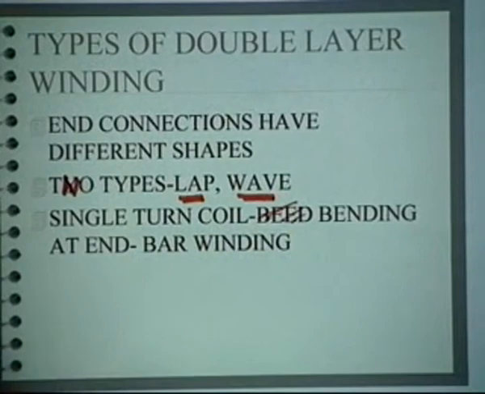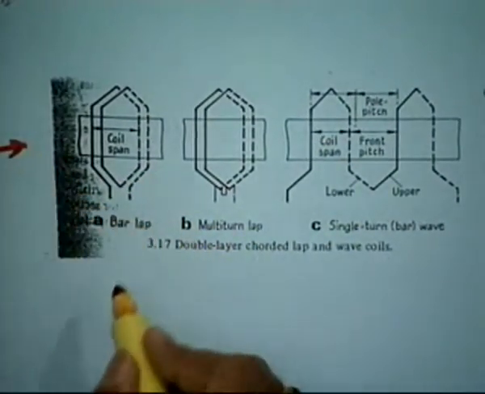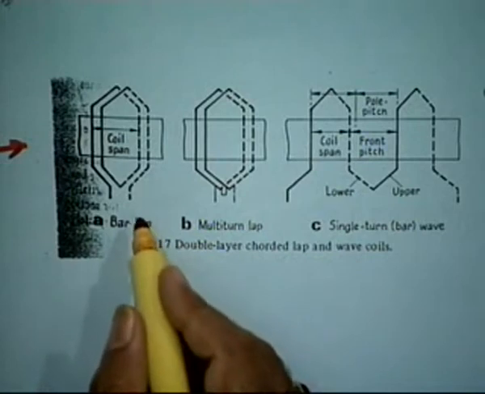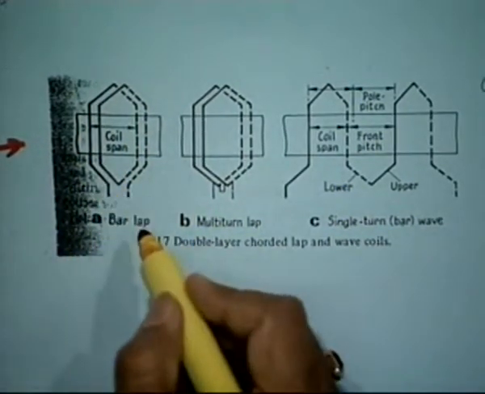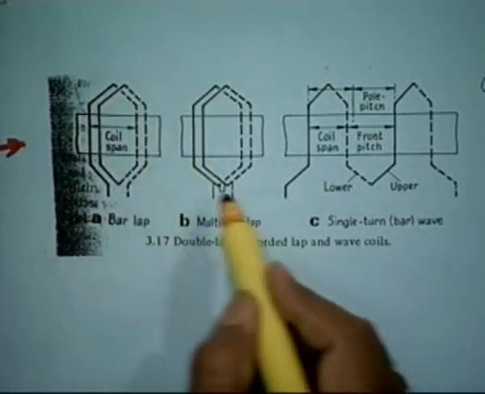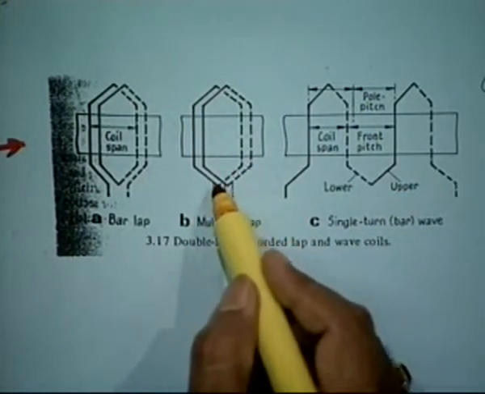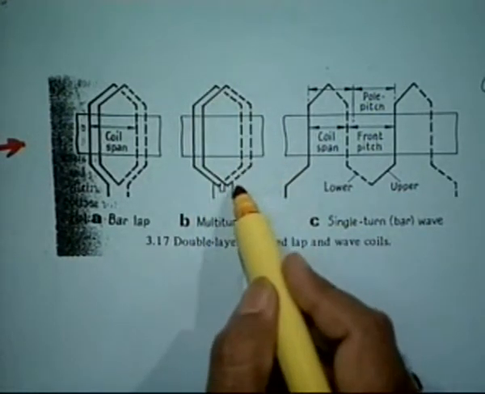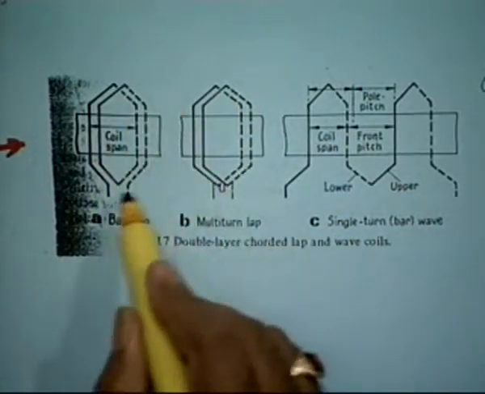So, lap and wave are typically like this. Now, this is a lap winding. Bar lap means it goes and comes back to the same pole. This is called a lap. This is called a single turn lap or a multi turn lap. That means after one turn it goes to the next coil in the same pole. This is called a lap winding.